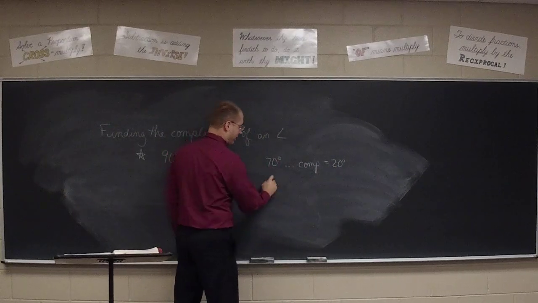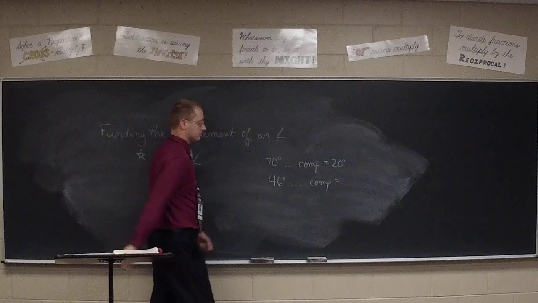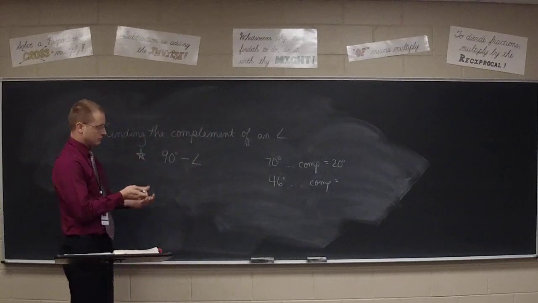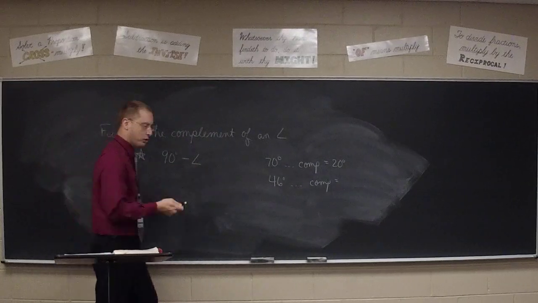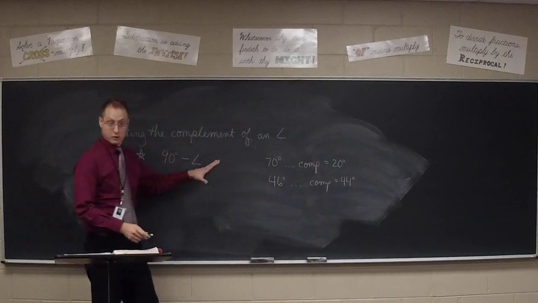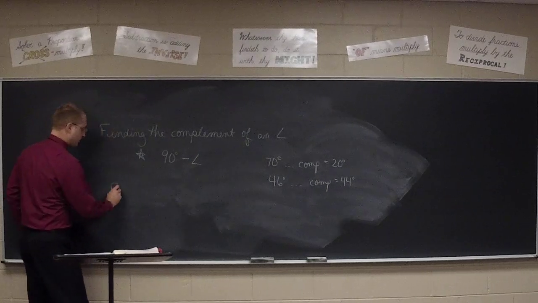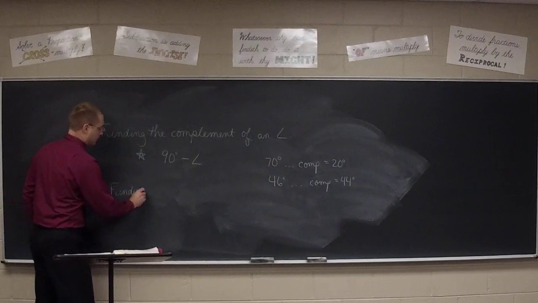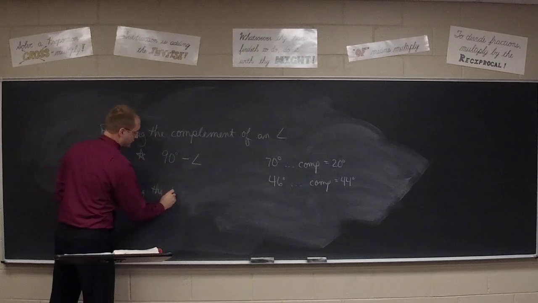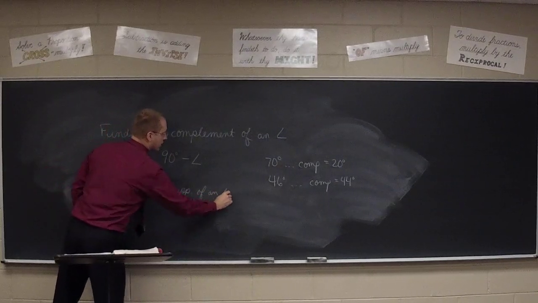What about the complement of a 46 degree angle, Chris? 44. Good, 44 degrees, right? So pretty straightforward, you just subtract from 90 degrees, right? To find the supplement of an angle. Finding the supplement of an angle.